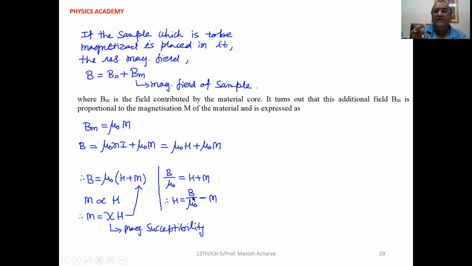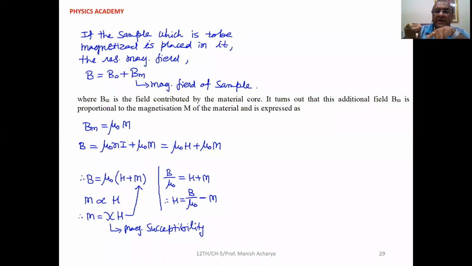Now experimentally we can observe this thing: the magnetization of the sample is directly proportional to magnetic intensity. See, H is Ni. If Ni is more, meaning the total current per unit length in the solenoid is more, then inside the solenoid the magnetic field of the solenoid becomes stronger.